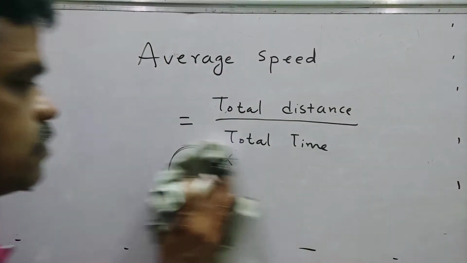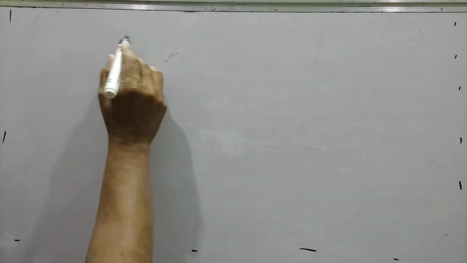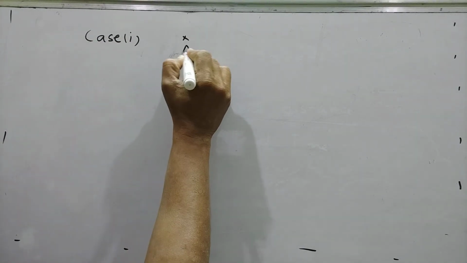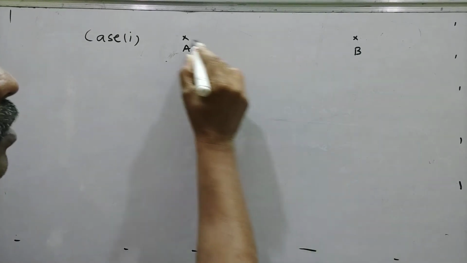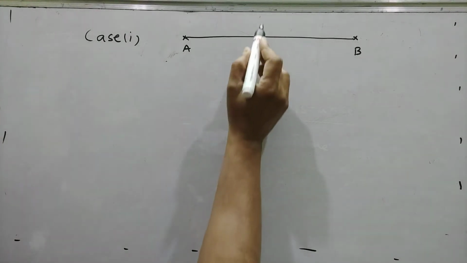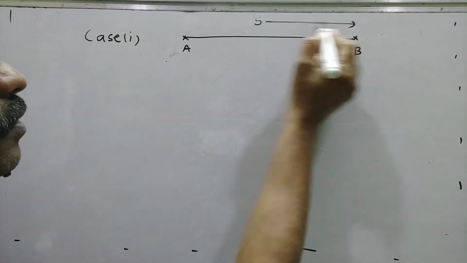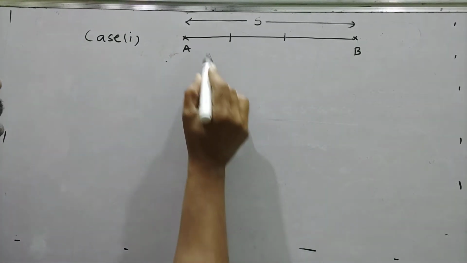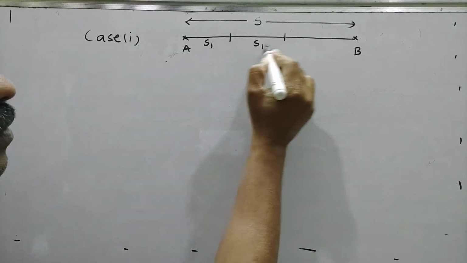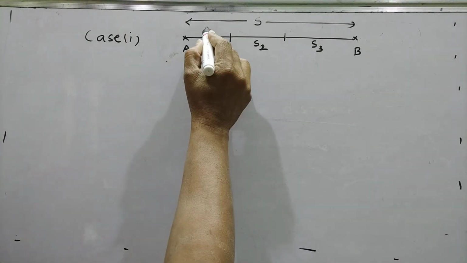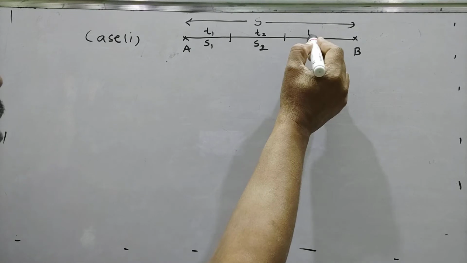The first case for average speed: a body started from A and reached B. So the total distance will be S. If we split it into three distances S1, S2, S3, the times taken are T1, T2, T3.